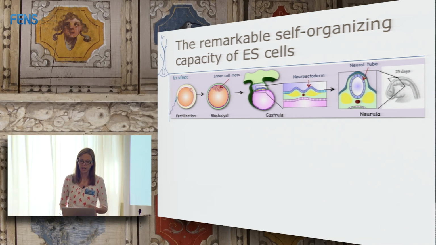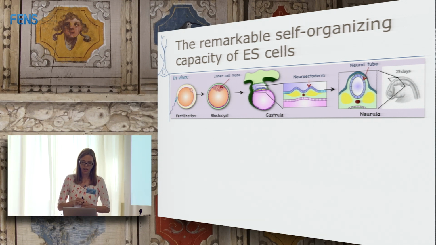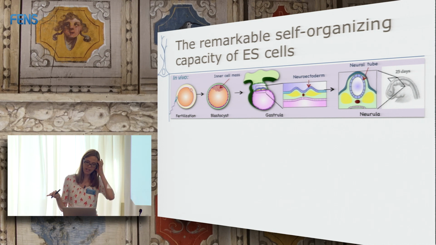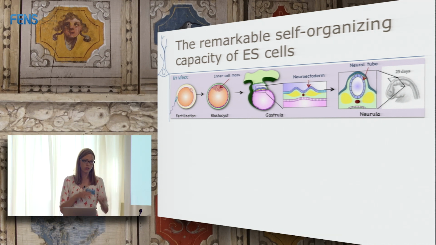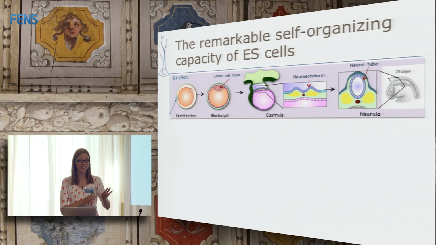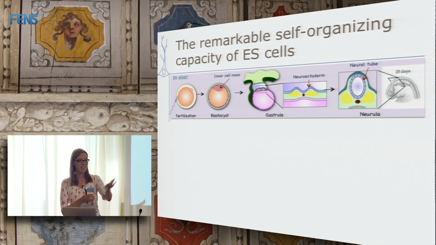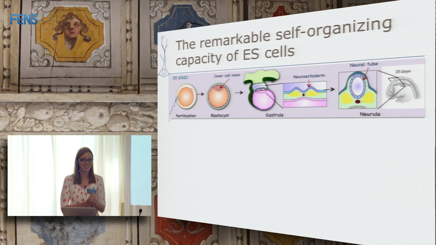And I come at this from a more basic development perspective. I'm not a trained stem cell biologist. The first time I cultured stem cells, I looked up a protocol online and we ordered some iPS cells and I tried it.